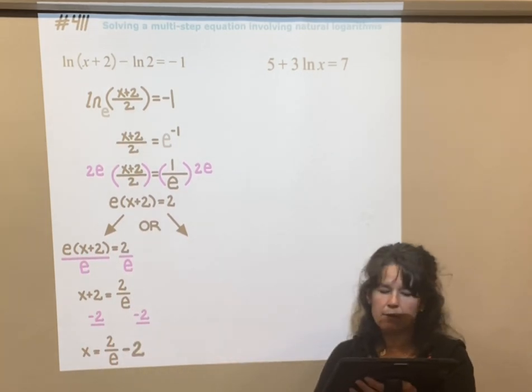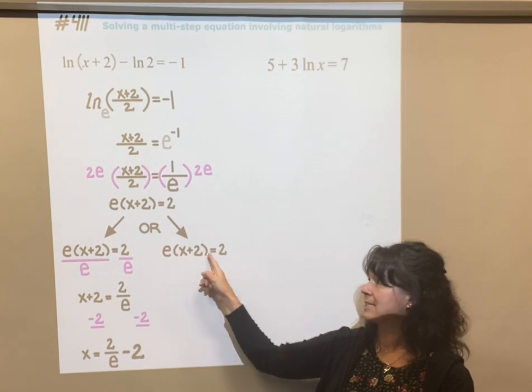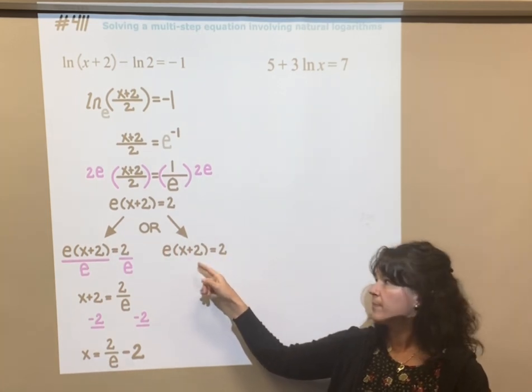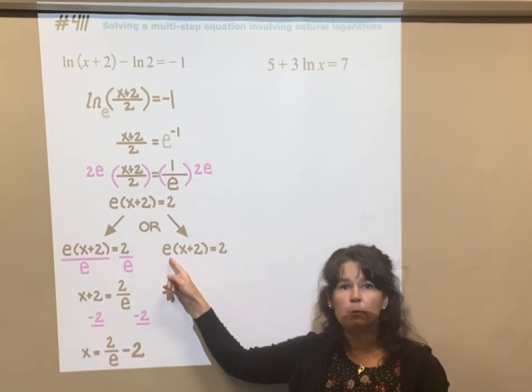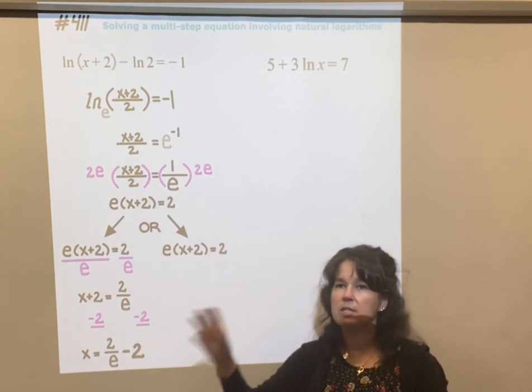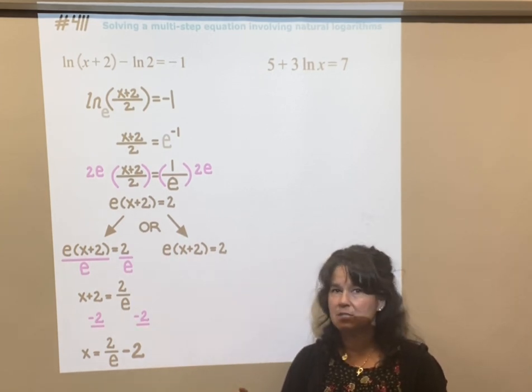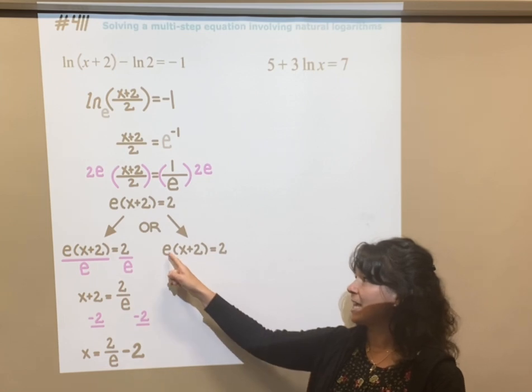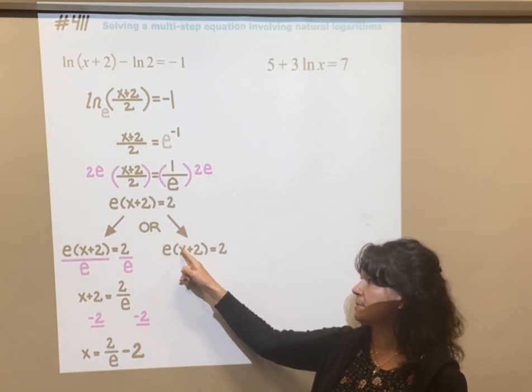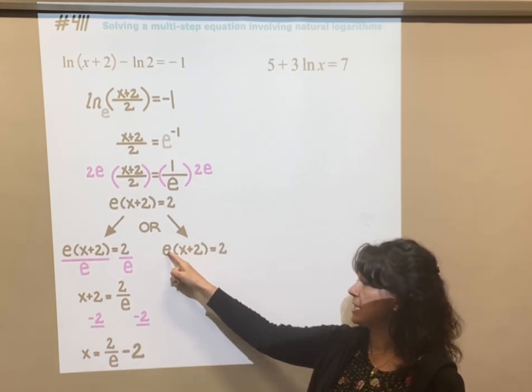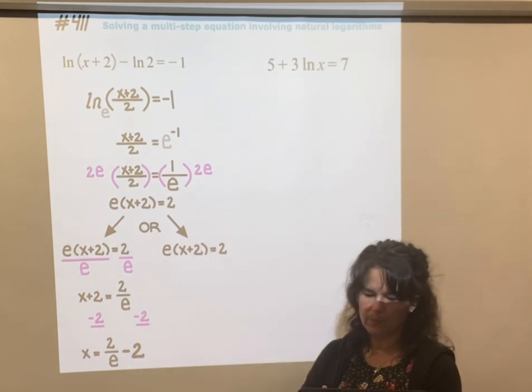Some of you, however, taking a look at the exact same equation, as soon as you see a number in front of parentheses, you just immediately distribute, and that's fine. If I decided to do that, I'd have e times x plus e times 2.